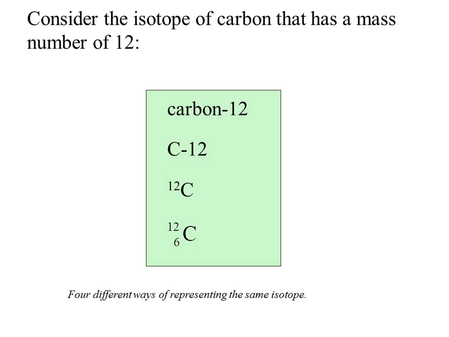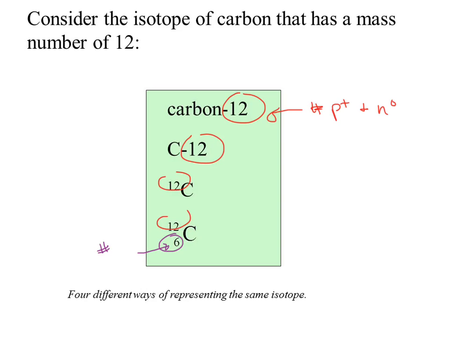Okay, so what I'm circling here, this is the mass number. Okay, so that is the number of protons plus neutrons. Okay, and to me, this is a little bit redundant, because that's the number of what?